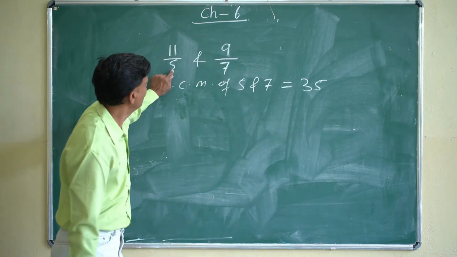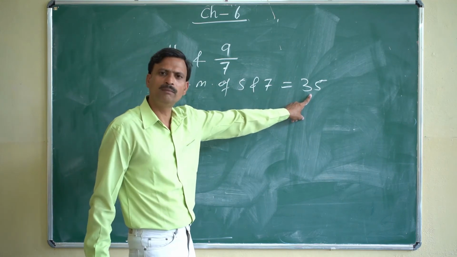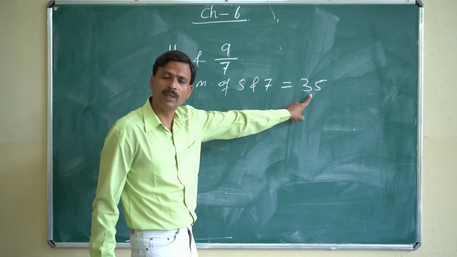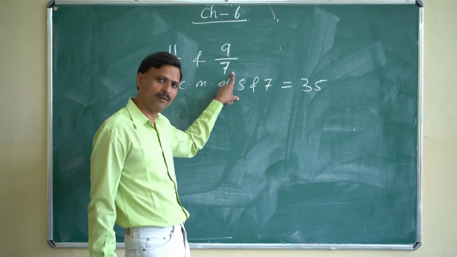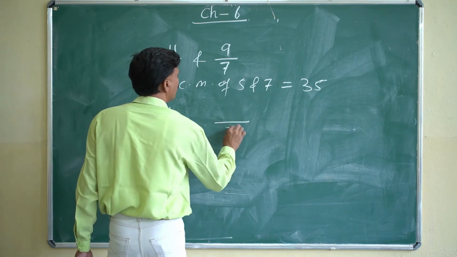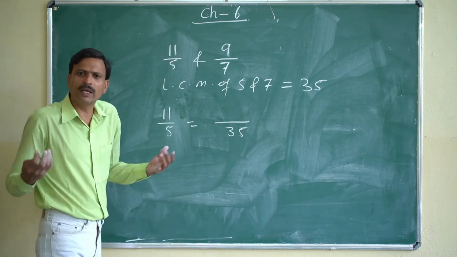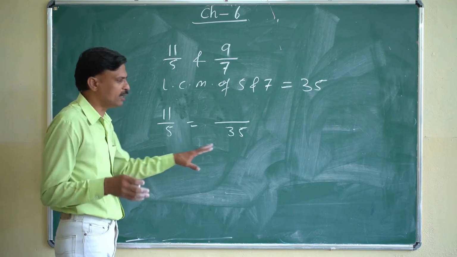Now what we'll do? We'll convert the denominator of both the fractions equal to their LCM, that is 35. We'll write 35 here and also here. So how can we write 35 here? You cannot write simply 35 over there.